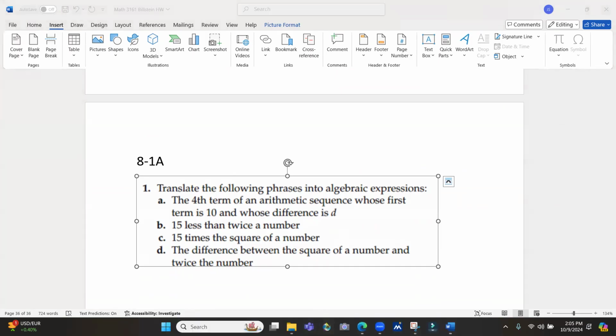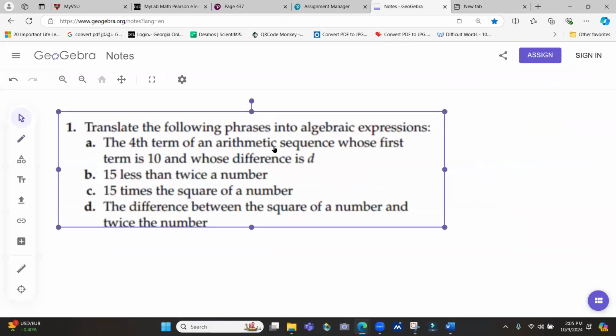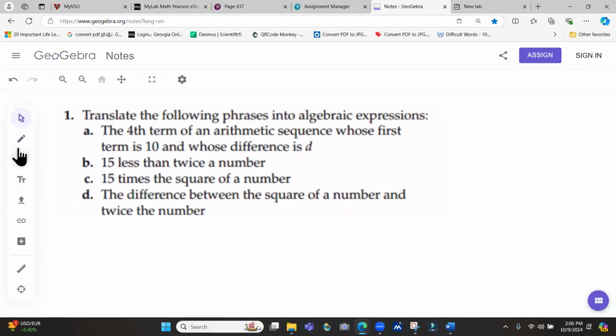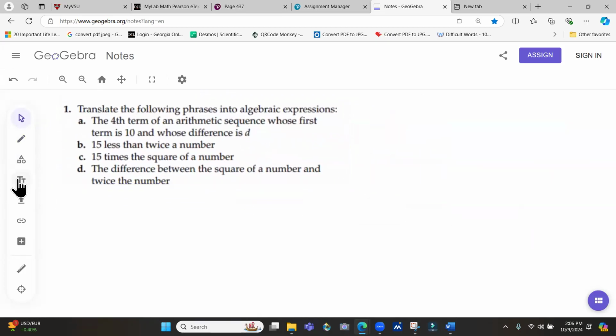Let's see. So remember, I just told you we'll do some patterns and all that. All right, the fourth term. Remember our formula for the nth term is this.